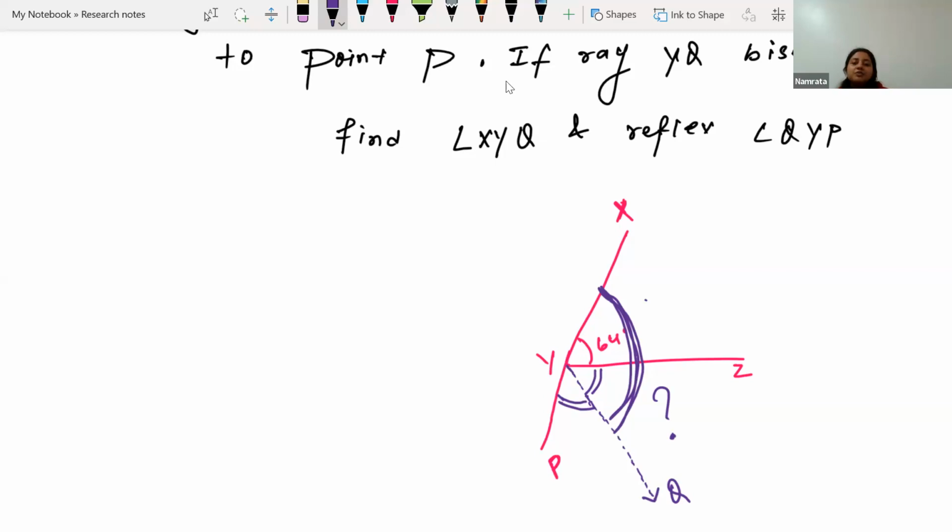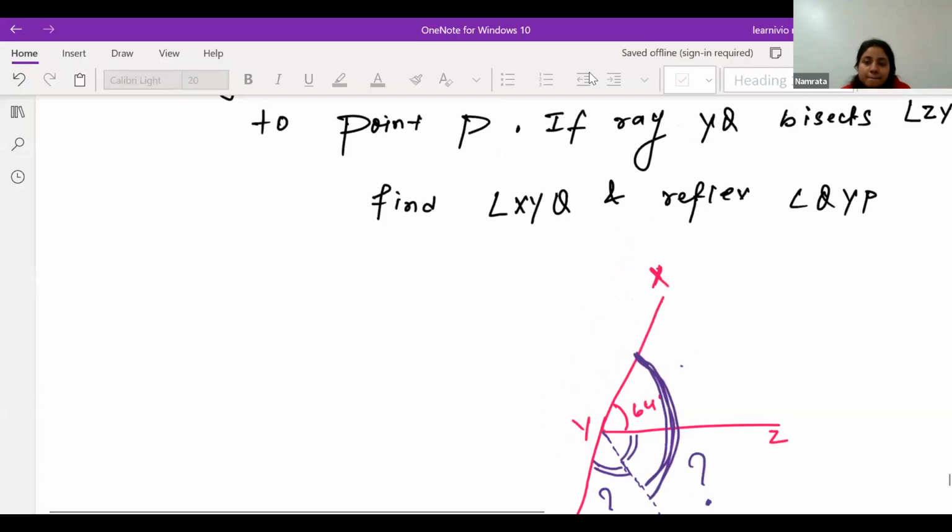And we also have to find QYP, the other one, this one. Any idea how to do that? It's very simple. Tell me what to do over here. First tell me, then we will try together.